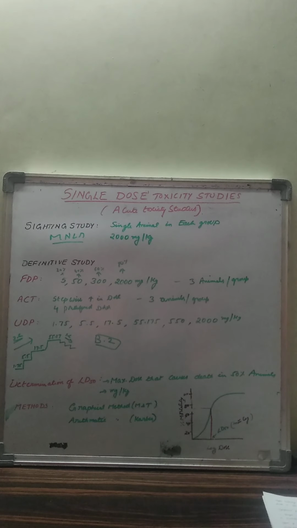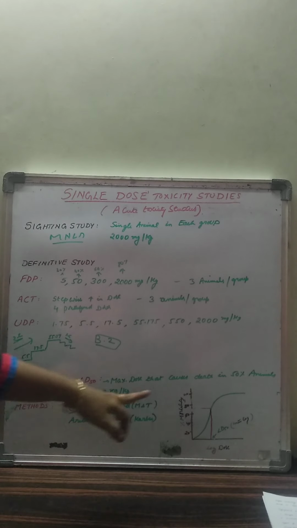Where your extrapolated line intercepts the x-axis, that point is the log dose, so the anti-log of that point will give the LD50 value. Doses are generally given in terms of mg per kg, so the unit for LD50 is mg per kg.